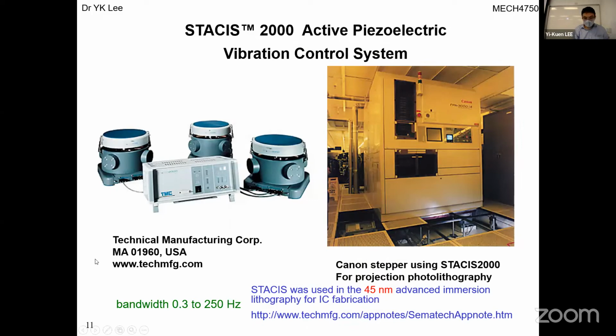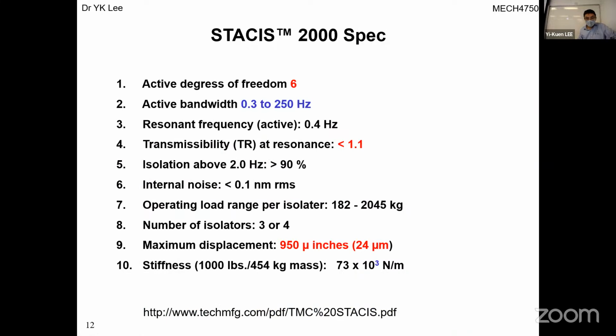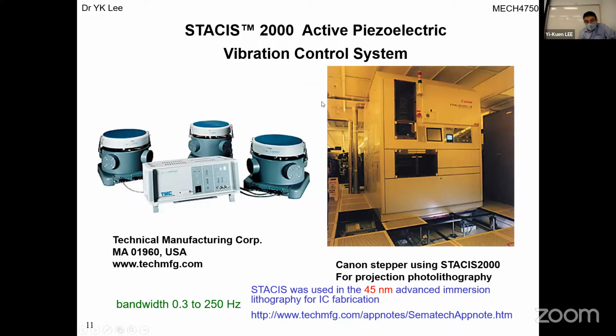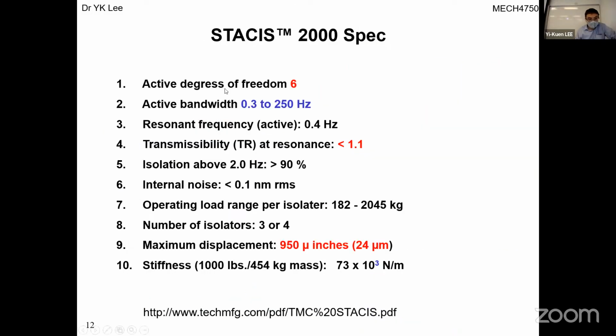Of course, we also mentioned at that time the semiconductor industry. For example, the Canon stepper, used for precision photolithography, requires very, very sophisticated vibration control in order to make nano-scale transistors for IC chips. Here I show you one specification of an active piezoelectric vibration control system: 6 degrees of freedom and a bandwidth between 0.3 and 250 hertz.